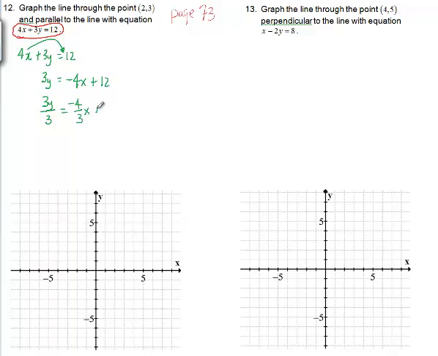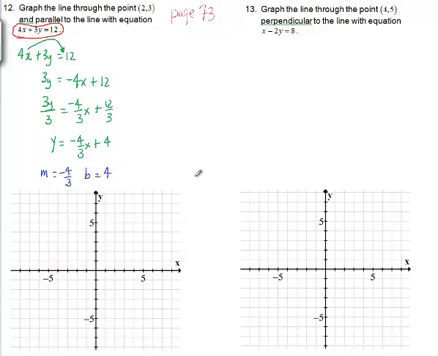Simplifying, y equals negative 4 over 3 x plus 4. Now, you should be able to read from that the slope and the y-intercept. The slope, of course, is negative 4 over 3, and the y-intercept is 4.